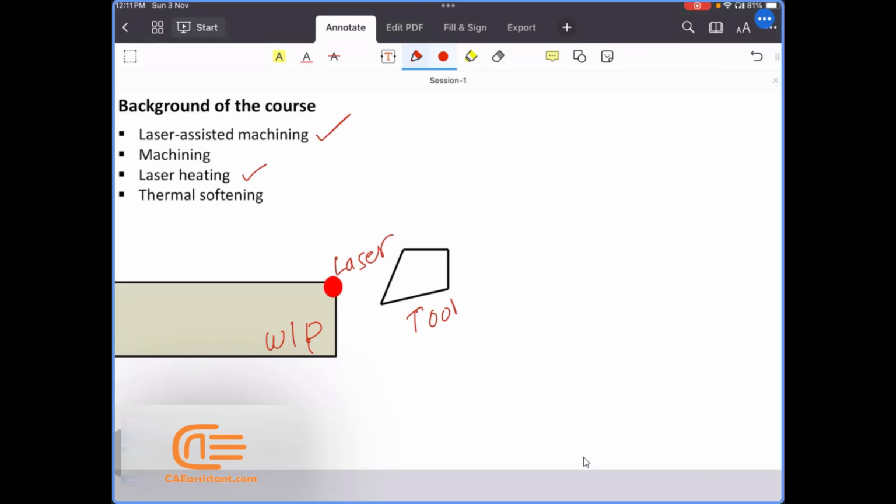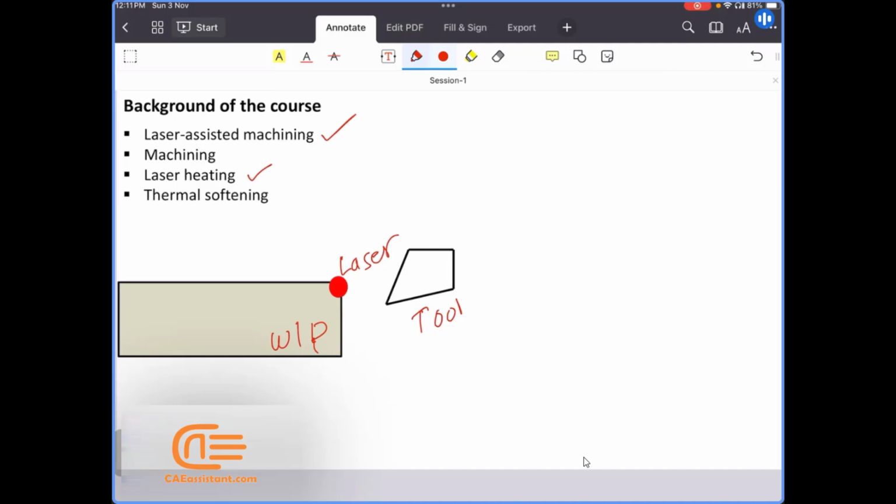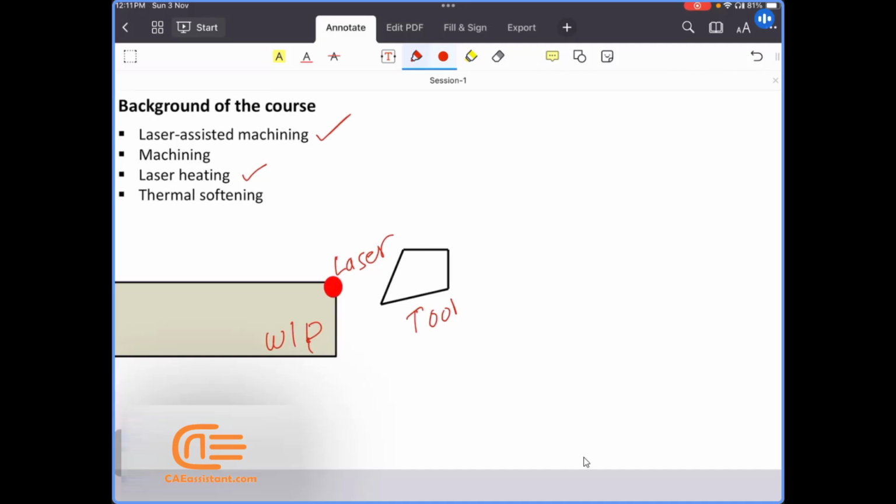So imagine the laser in front of your tool is hitting the workpiece and it's moving with the same velocity as the cutting tool is moving. Let's say the laser is moving in this direction, your cutting tool is also moving in this direction with the same velocity. What will happen?